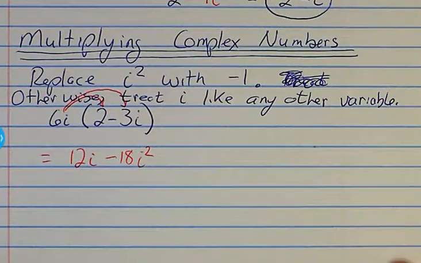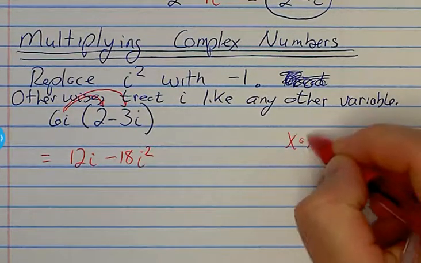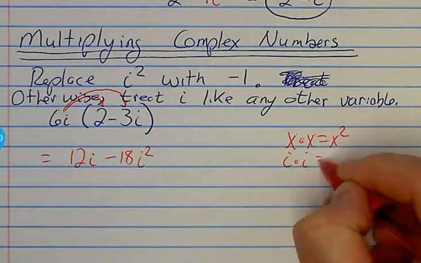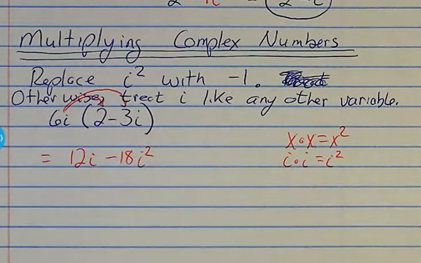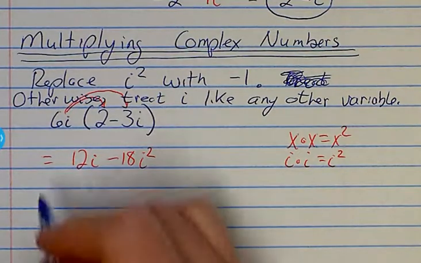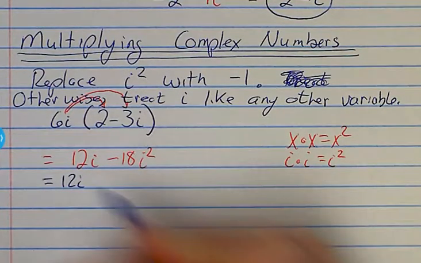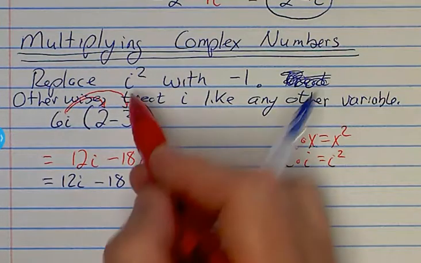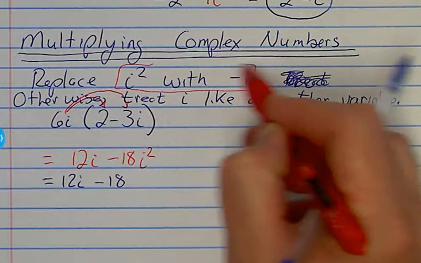If you haven't done some of the algebra stuff in a while, sometimes that's the one thing that sneaks by people. Just remember that if you do x times x, that would be x squared, and if you do i times i, that would also be i squared. Okay, the 12i is absolutely okay. The one thing you have to do, though, is where you've got this i squared at the end, you now go back and replace the i squared with negative 1.